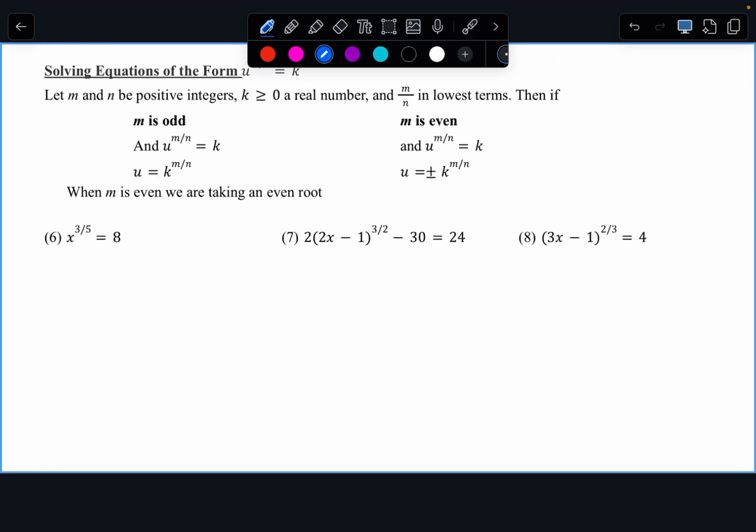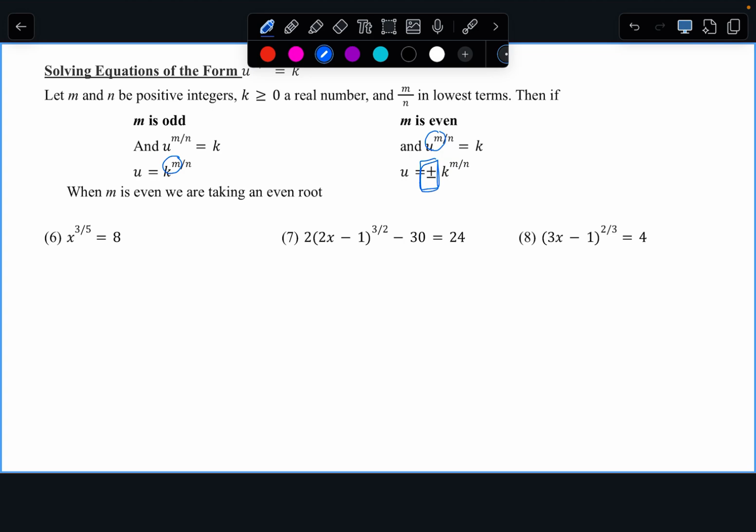When the number in your numerator of that exponent is odd, you don't have to do anything with those signs. You keep the sign that it is. But when the numerator of that exponent is even, you must have a plus or minus. And I'll show you why in number 8.